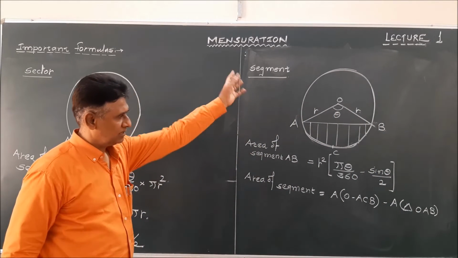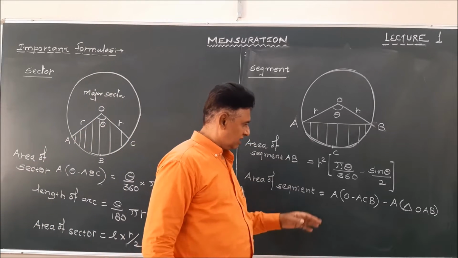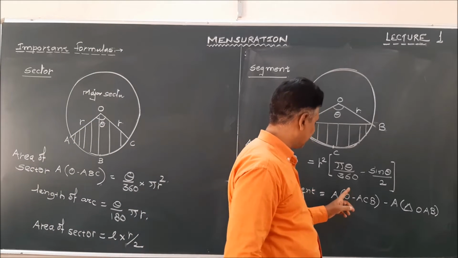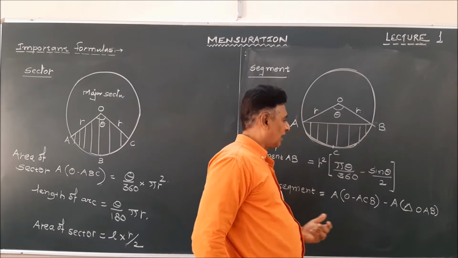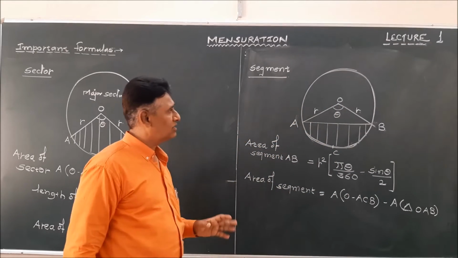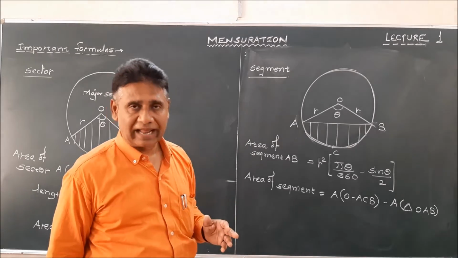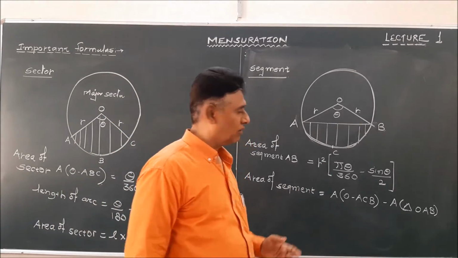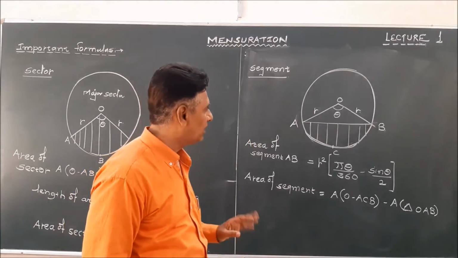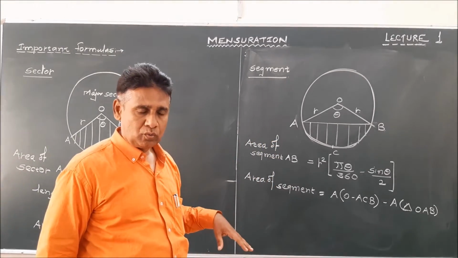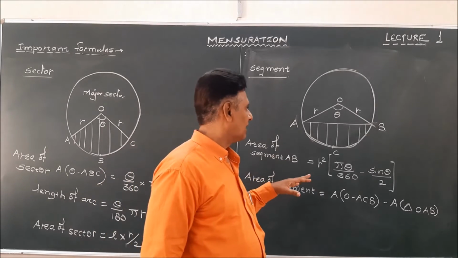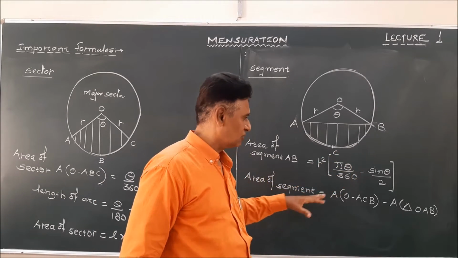Area of segment AB in this case is equal to area of a sector with center O bounded by arc ACB minus area of triangle OAB. You can find out area of triangle OAB also, R square upon 2 multiplied by sin theta. Okay, that is also one of the ways.